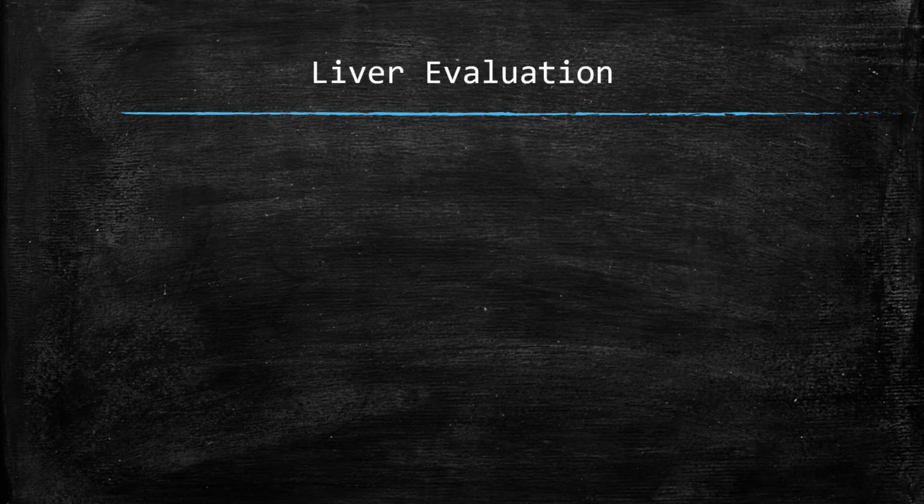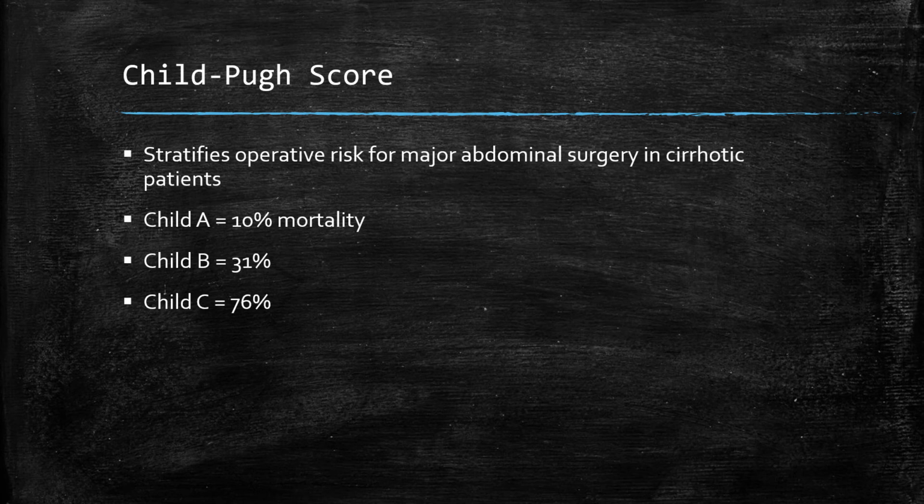Moving on, let's now talk a little bit about liver evaluation. There are 2 scoring systems in common clinical use that are designed to predict mortality in cirrhotic patients. There's the Child-Pugh score and the MELD score.